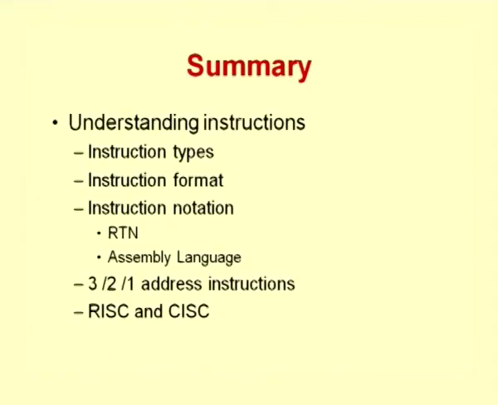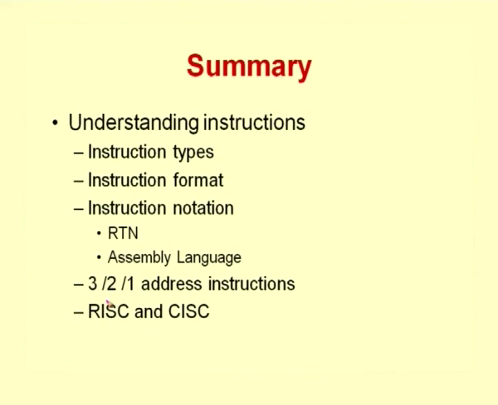To summarize, what we have looked at in today's lecture is instruction types, instruction format, and some notations for the instructions. We looked at 2 notations, the register transfer notation and the assembly language notation, and then different types of instructions in terms of the number of addresses in the instruction.